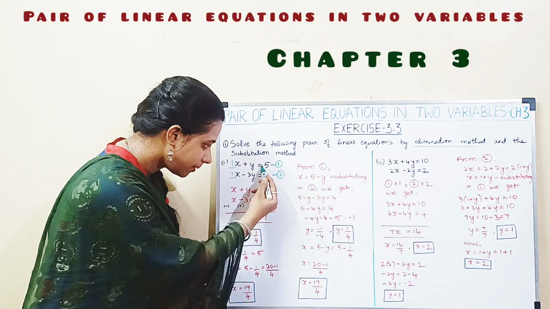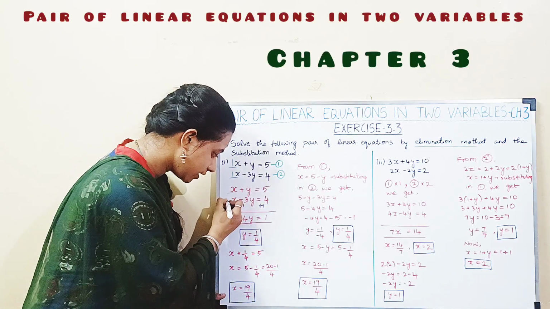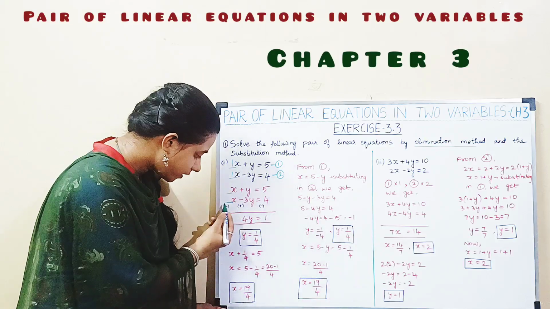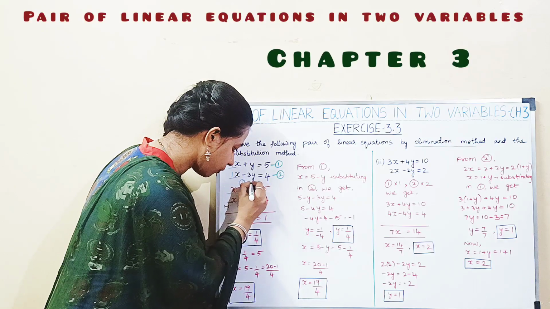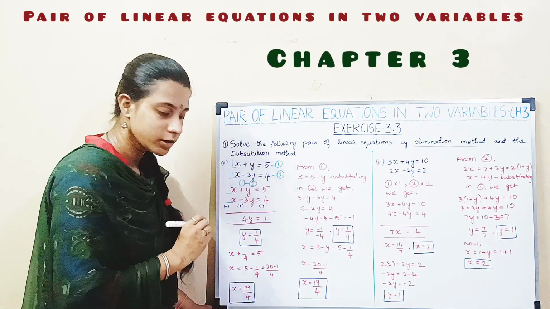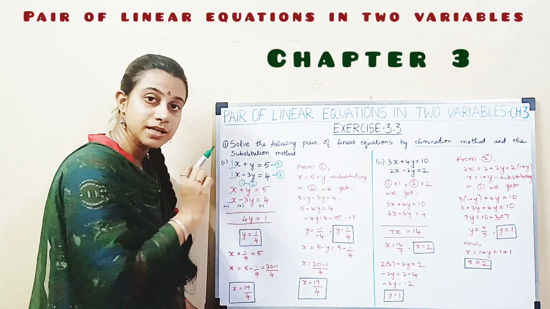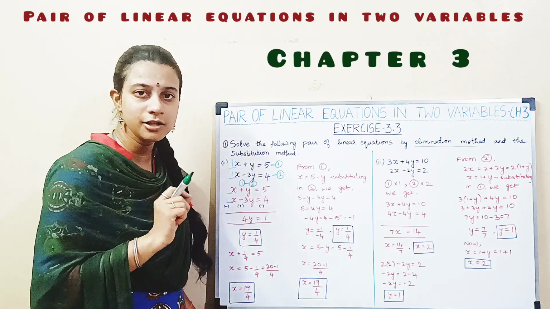First we write both the equations here, and whenever the two coefficients have the same sign in both the equations, we will subtract the equations. Here we are doing equation 1 minus equation 2. But whenever the coefficients of the variable with equal coefficients have opposite signs, then we will add the two equations.